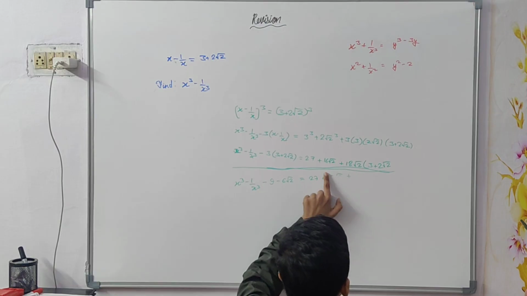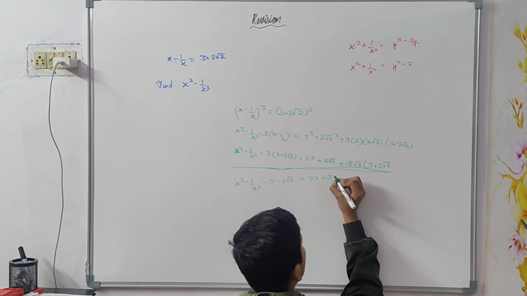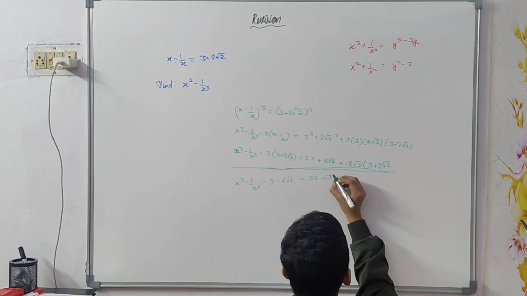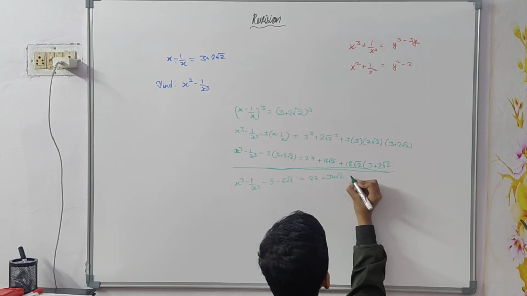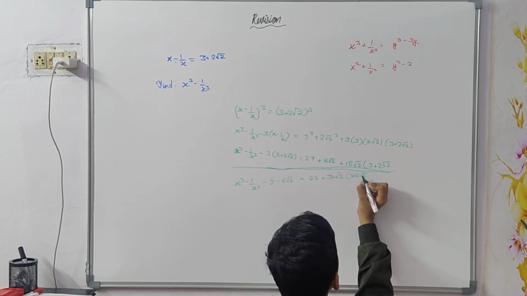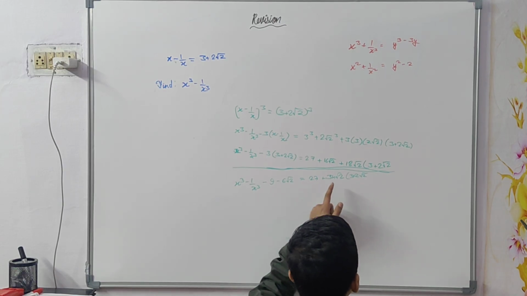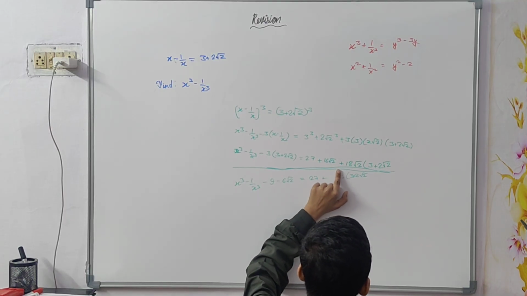It is 34 root 2 into bracket 3 plus 2 root 2. Wait, what is 3 plus 2 root 2? 34 root 2 into 3.